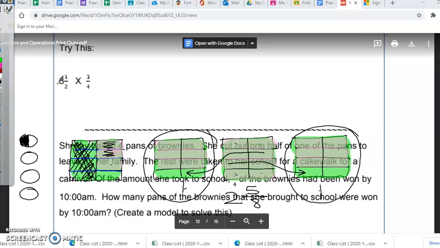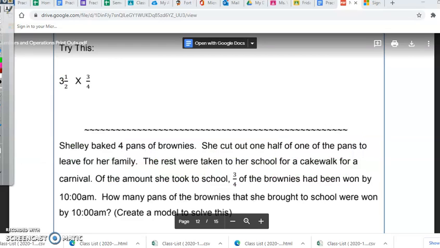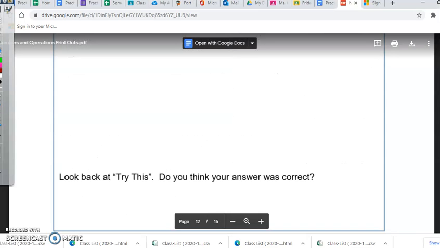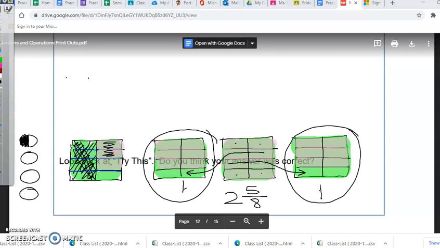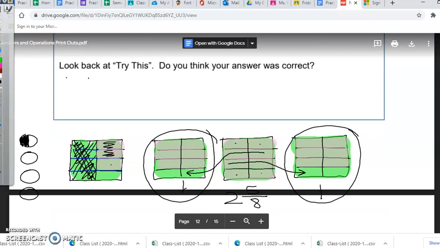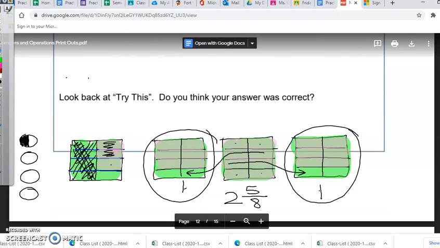Okay? So let me erase this for a second and glance down at what this says. It says, look back, and we're going to try this. Let's leave this here. We'll do it like this.